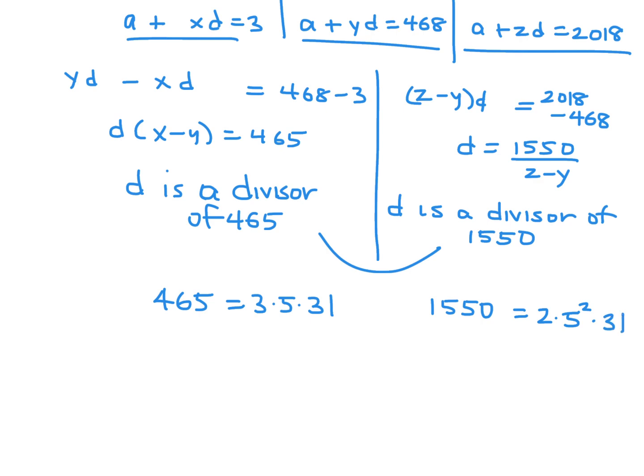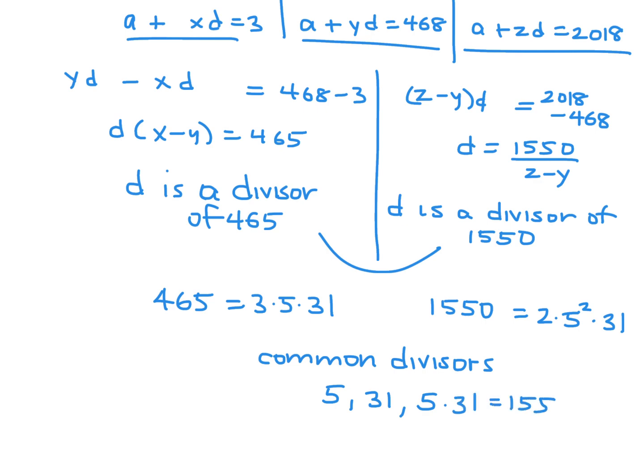So the common divisors would be 5, 31, and 5 times 31, which is 155. So the sum of those divisors would be 5 plus 31 plus 155, which is equal to 191. There you go.